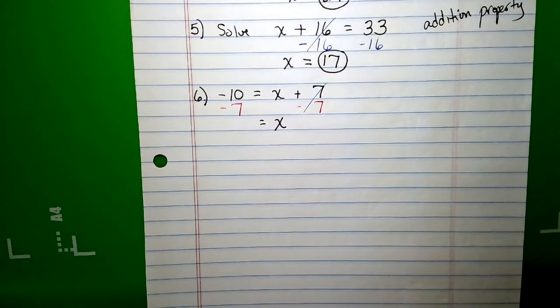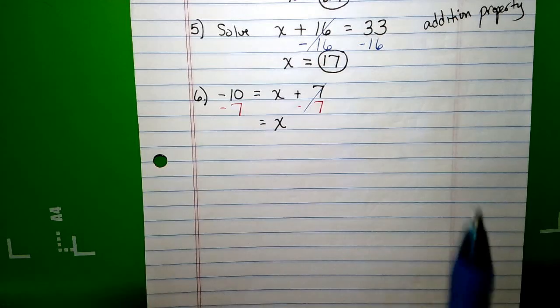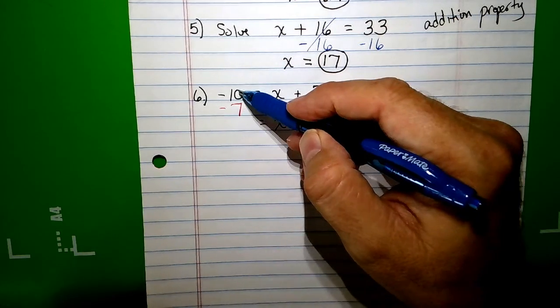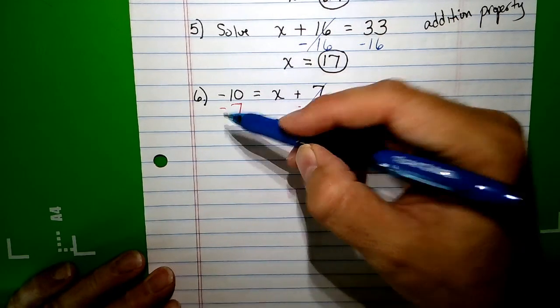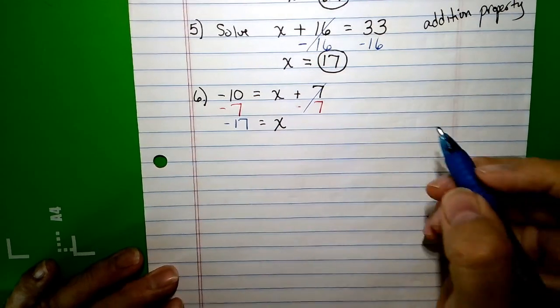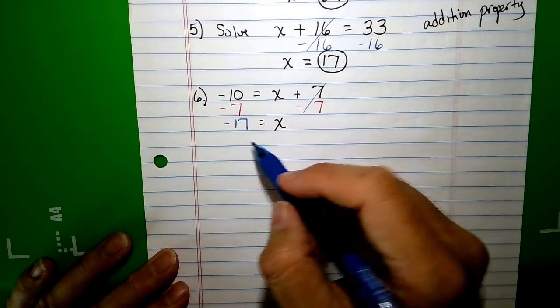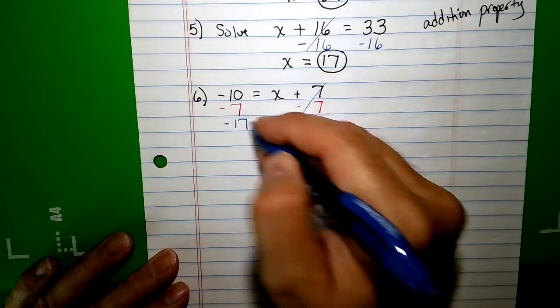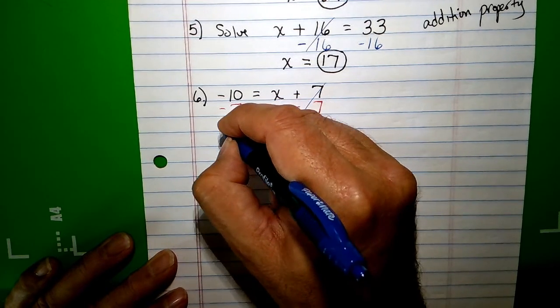And what number do we have on the left? Be careful. Negative 10 minus 7. Well, that would be negative 10 plus a negative 7. That's a negative 17. And you would type in negative 17 as your answer.